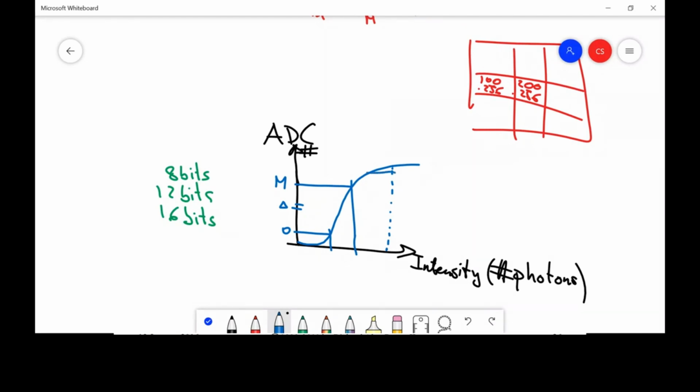This area is so flat that you cannot distinguish how many photons have arrived. So you want to work in the linear area of the device. So the number that we have is given either by some physical device, or it is arbitrary. You load any image from the internet and it has values between 0 and 255, but those are arbitrary.